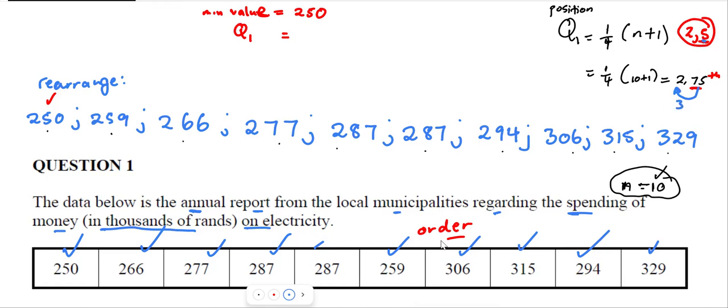So the number that we need is on the third position. We count 1, 2, 3. The number that we are given there is 266. So Q1 is 266.